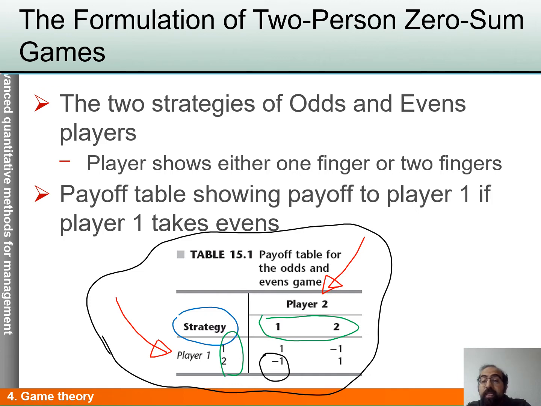When this -1 says player 1 loses 1 unit, we can see it from the other side that player 2 is winning 1 unit. It's +1, based on the concept of zero-sum game.